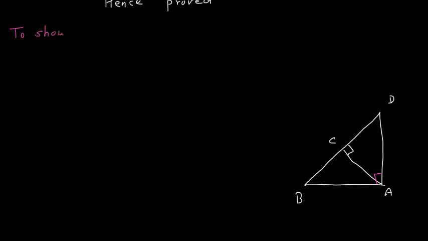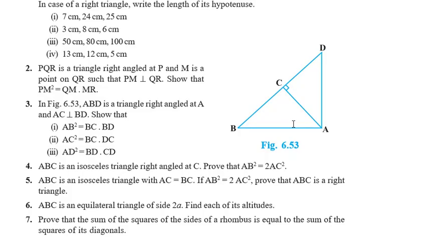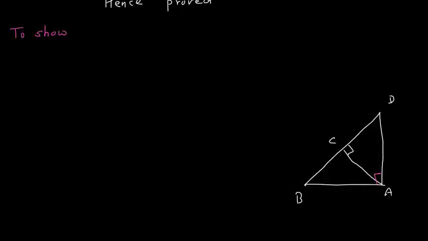First we have to show that AB square is equal to BC into BD. AB square, AC square, AD square. AB square, second AC square and third AD square.